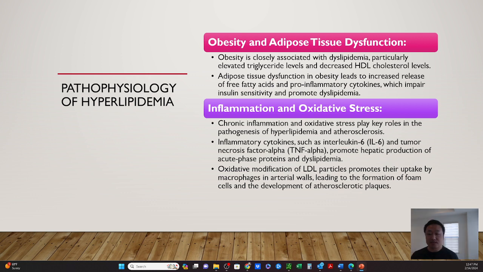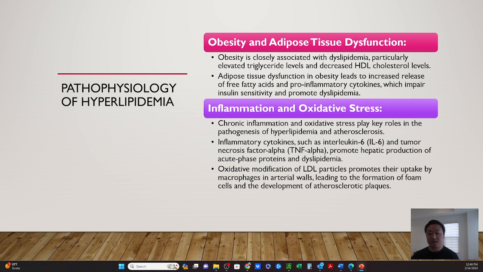And lastly, you will have inflammation and oxidative stress. Oxidative stress plays a key role in the pathogenesis of hyperlipidemia and atherosclerosis.